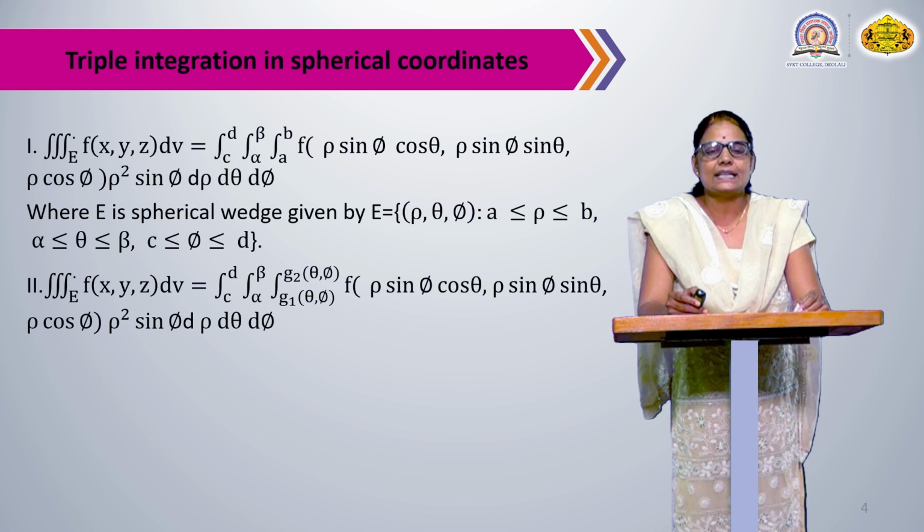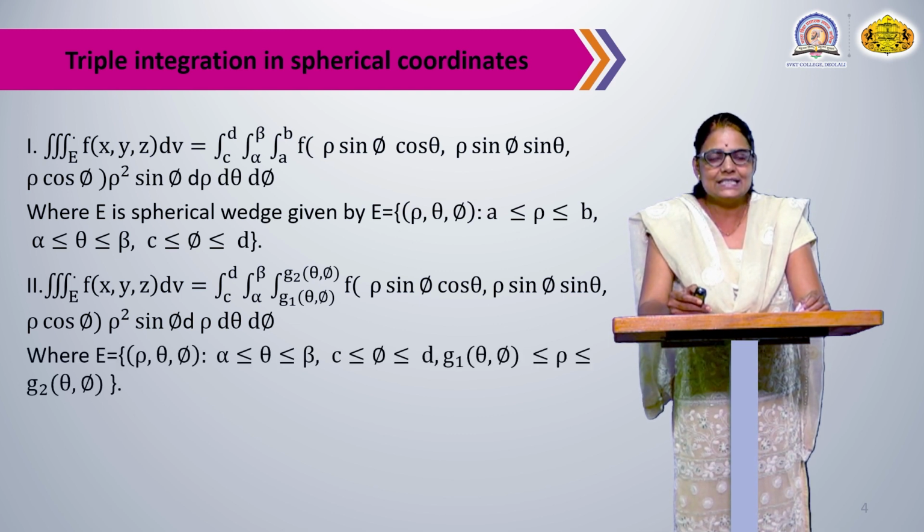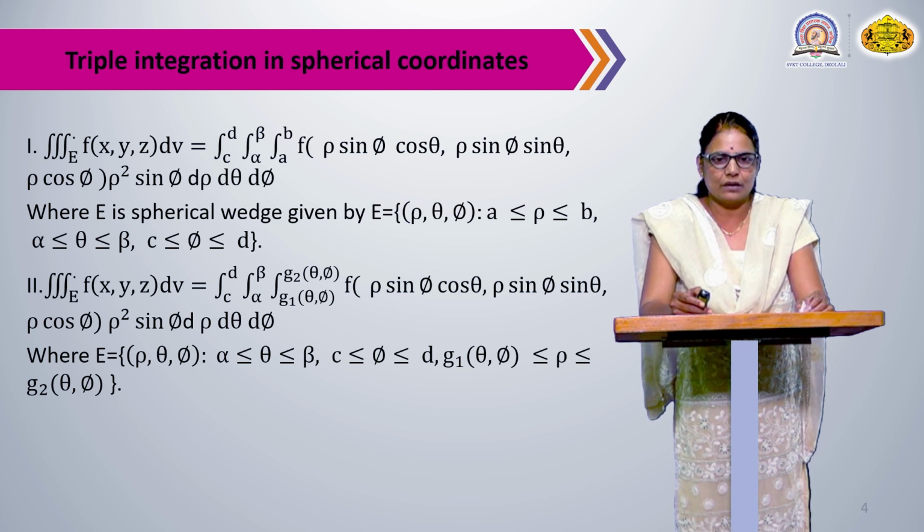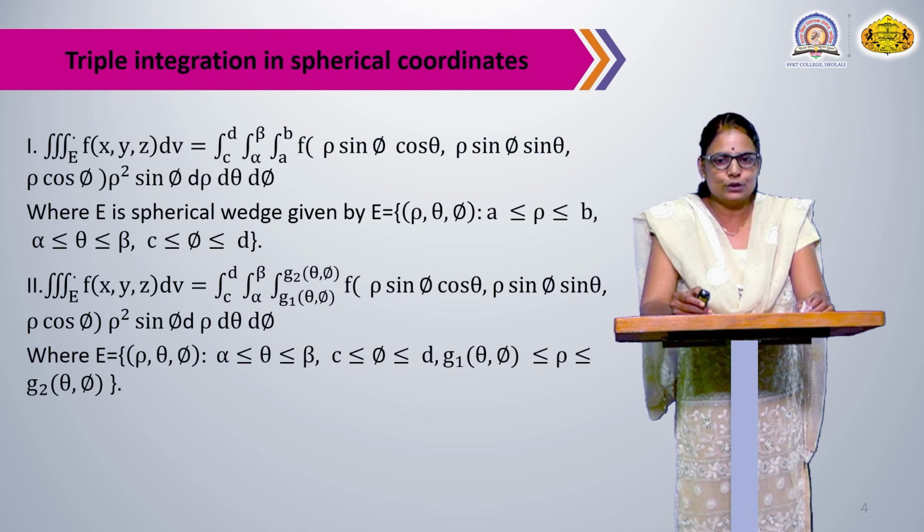In the second case, suppose the region is described in this form: E is the set of triplets rho, theta, phi, such that alpha is less than or equal to theta is less than or equal to beta, C is less than or equal to phi is less than or equal to D, and rho lies between two functions of theta and phi, that is, g1 of theta, phi is less than or equal to rho is less than or equal to g2 of theta, phi.